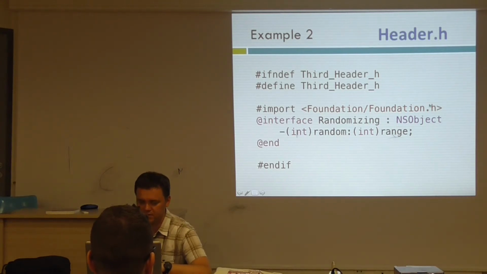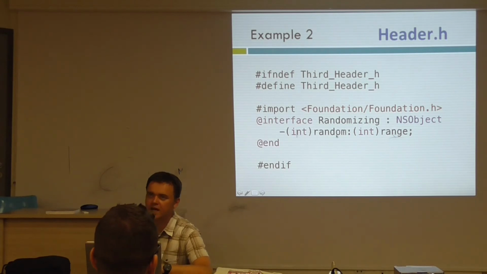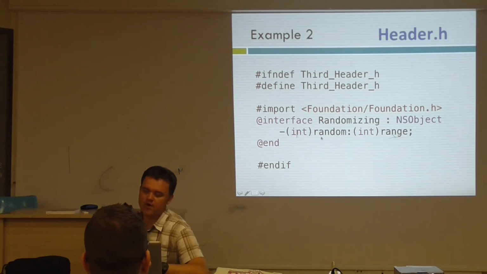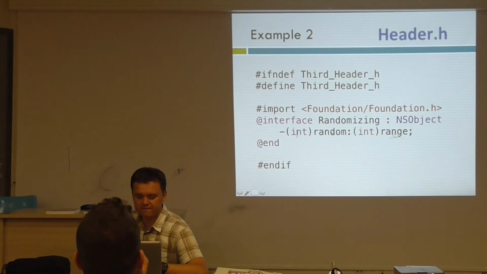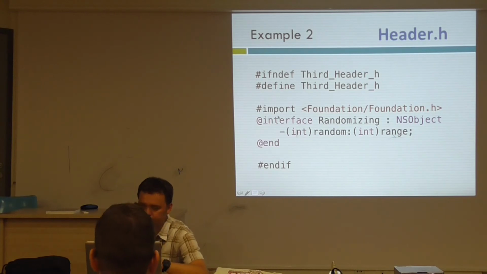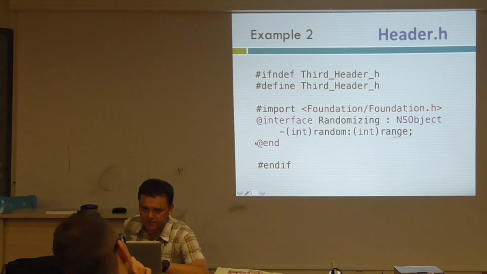This is a part of Foundation, and this is information about the interface. In C, C++, Java, we can say this is a method. Yes, and this method is returning an integer value, and we can send a parameter range that is int type. Okay, and this is the end of the interface. In a header file, we can define interfaces.